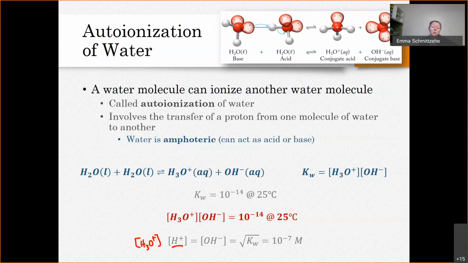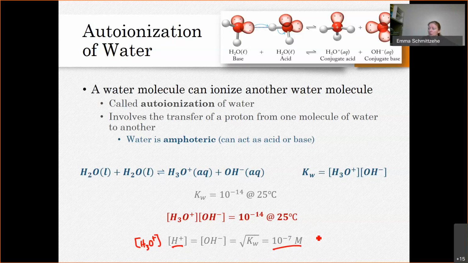So if they're equal, you could take the square root of that Kw because that would tell you what each of those would be, because essentially they're both equal to x, and so you have x squared. And so you could take the square root of the Kw, and it tells you, in pure water, this value is the concentration of your OH minus and your hydronium ion concentration, okay?